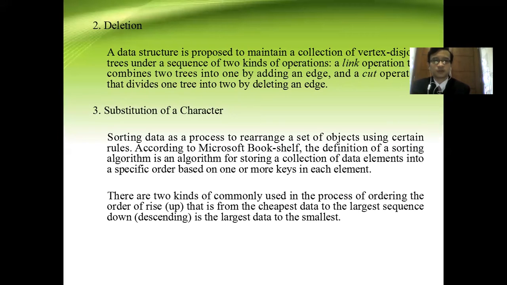Next, number two, deletion. A data structure is supposed to maintain a collection of vertex disjoint trees under a sequence of two kinds of operations.